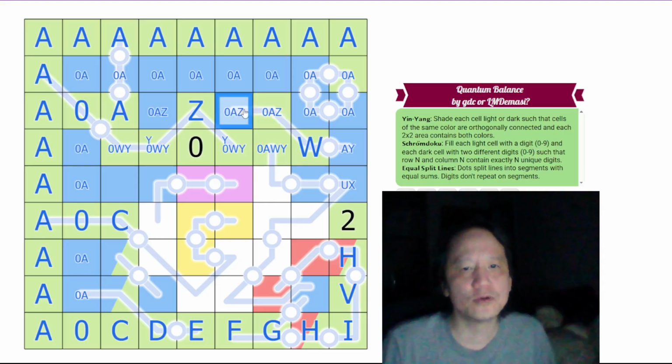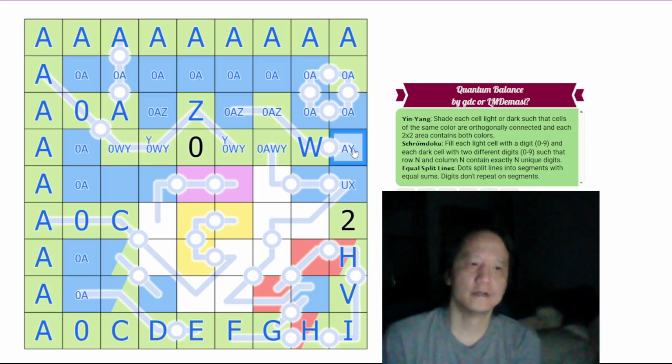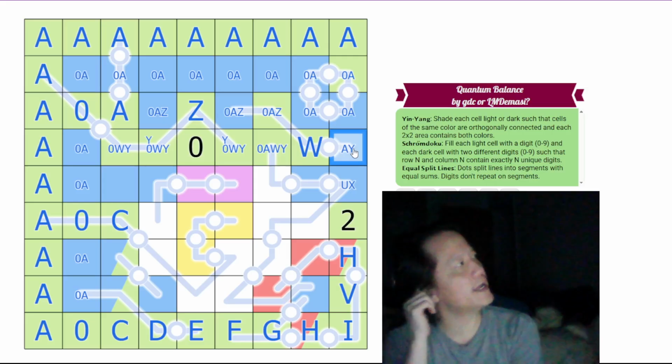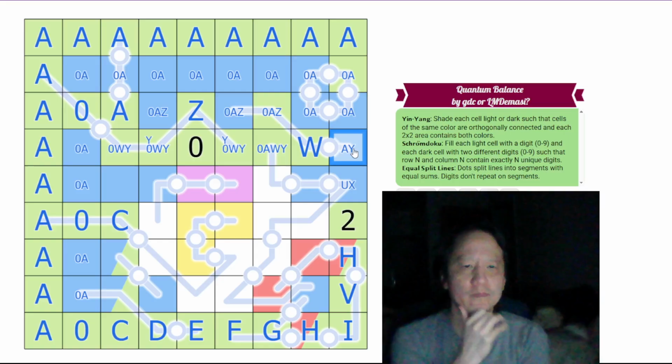We have 0 and A here, which cancels A here. So Z and W equals Y. Oh, that's interesting. That means A has to be like 8, I think, or 6.